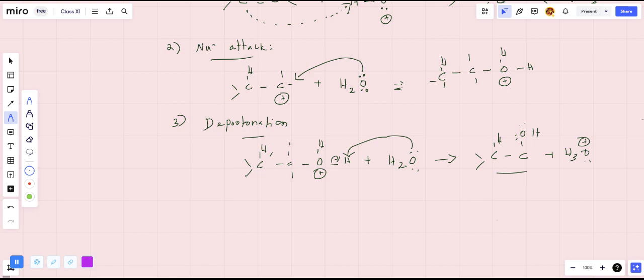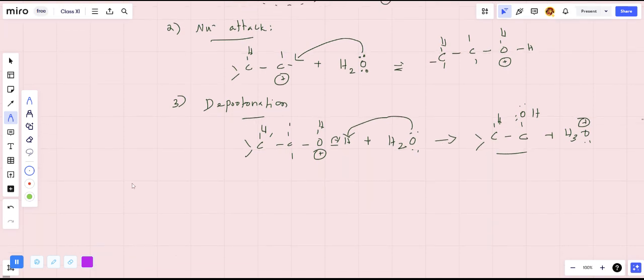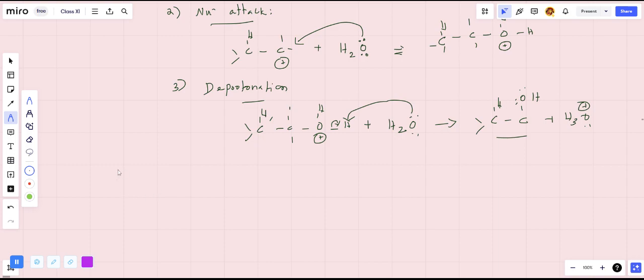Mechanism understood? Second one. So this is the first method, from hydrocarbon, from alkene, by acid catalyst hydration.